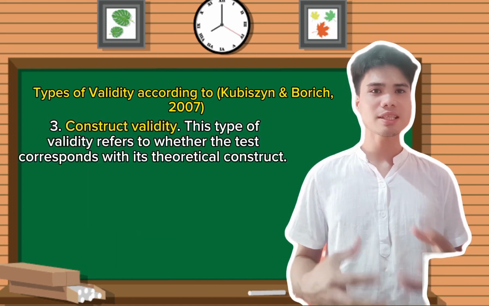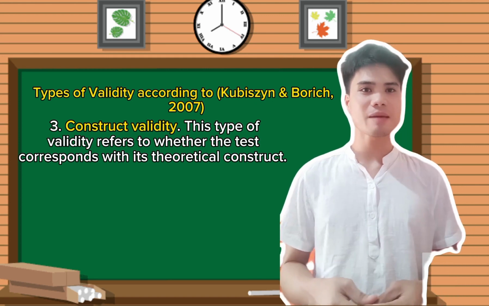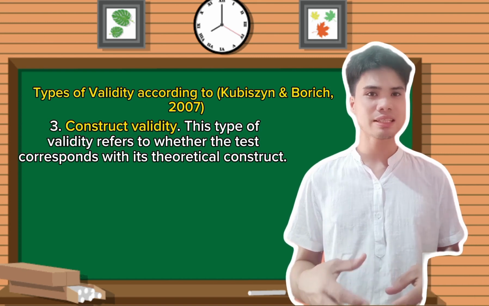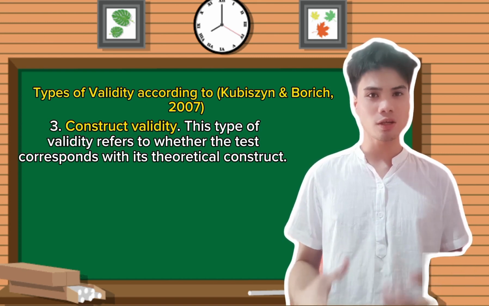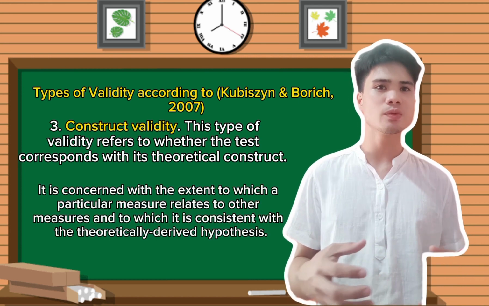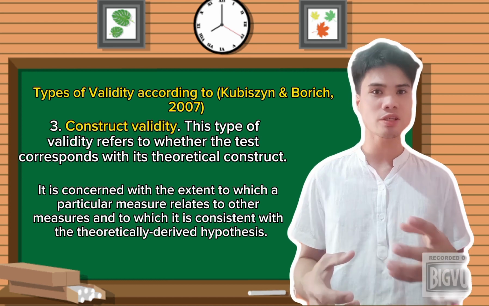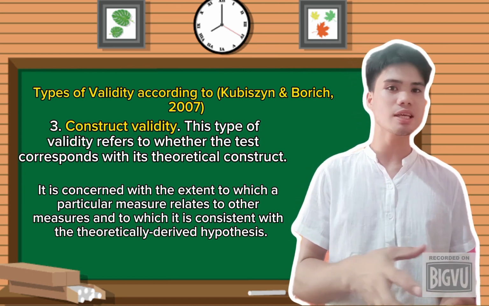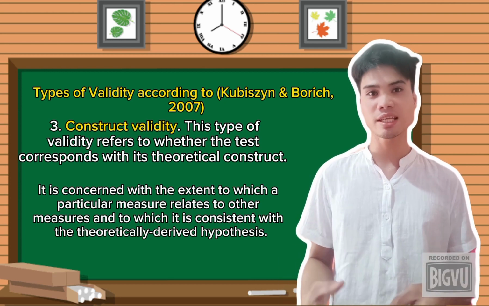So, the next type of validity is construct validity. This type of validity refers to whether the test corresponds with its theoretical construct. It is concerned with the extent to which a particular measure relates to other measures and to which it is consistent with the theoretically derived hypothesis.